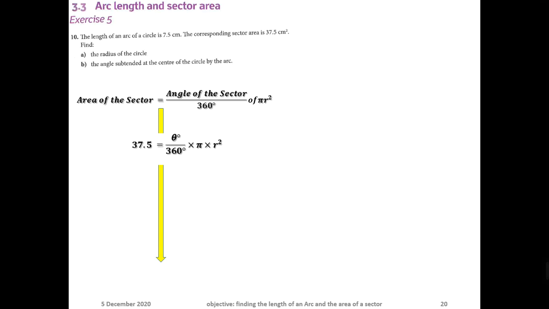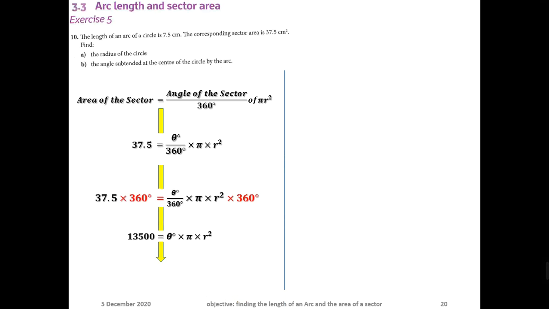In order to make theta the subject, we must get rid of the denominator by multiplying the whole equation by 360. Don't calculate, just make theta the subject. So it's going to be 13,500 is equal to theta times pi times r squared.